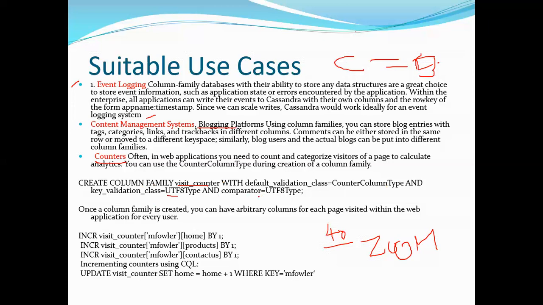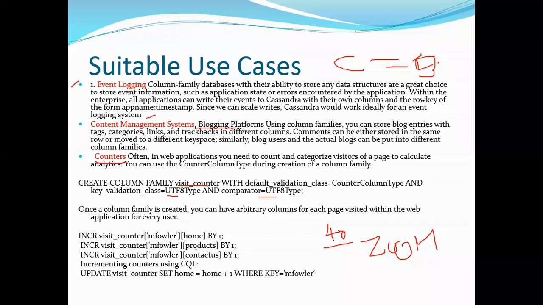All these are different types of keys in Cassandra. Once a column family is created, you can have arbitrary columns for each page visited within the web application for every user. INCR is nothing but increment visit counter by 1.